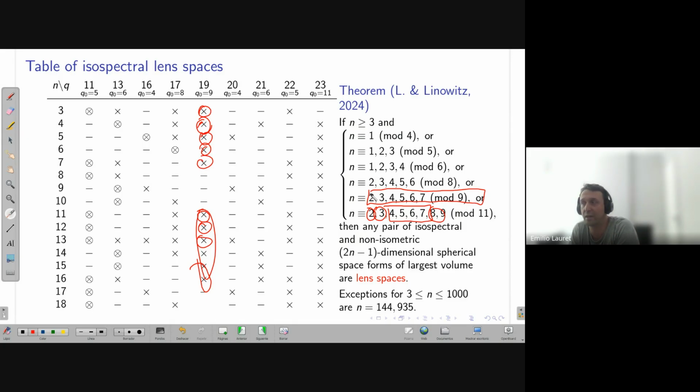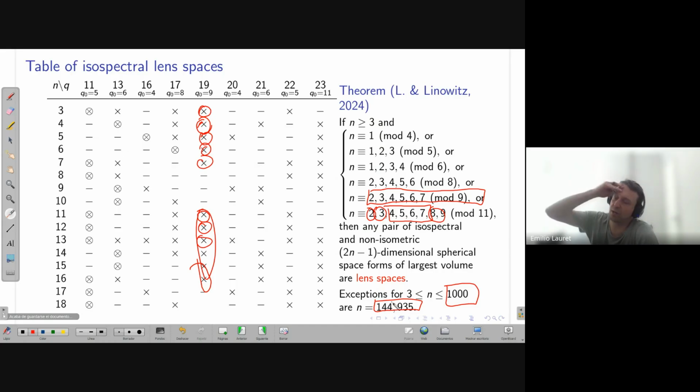There are always exceptions. For instance, until n equal to 1000, you have 2 exceptions. Moreover, we did this table until 63, and we get a lot more conditions, but still with the computer, right? We still have exceptions.